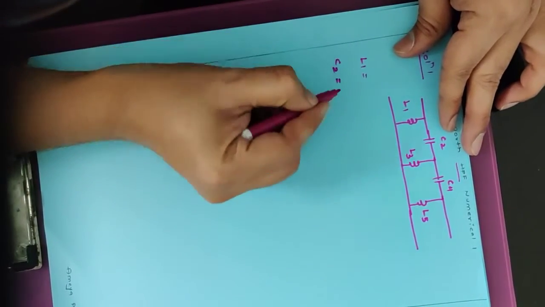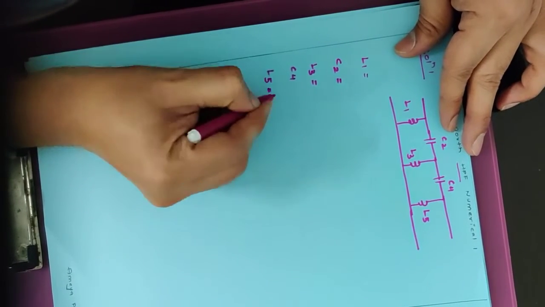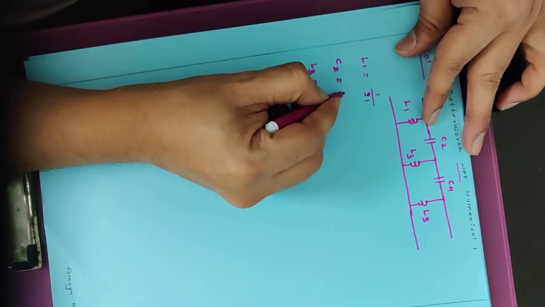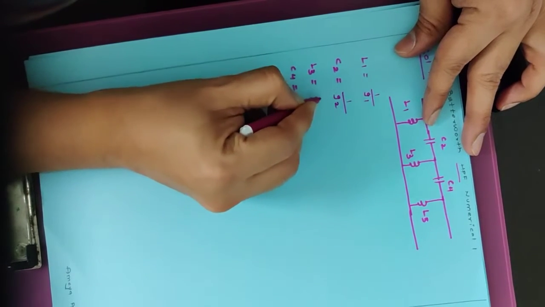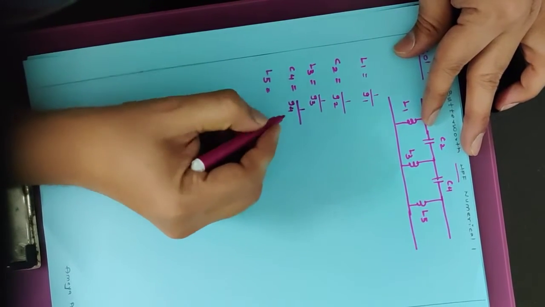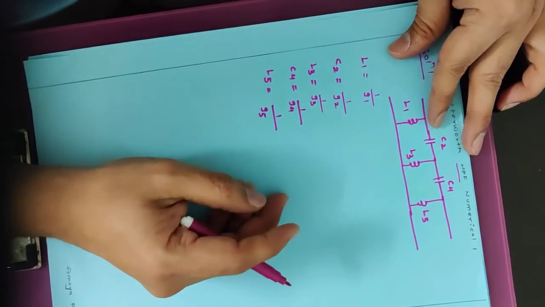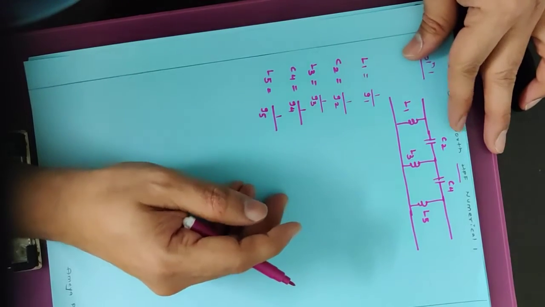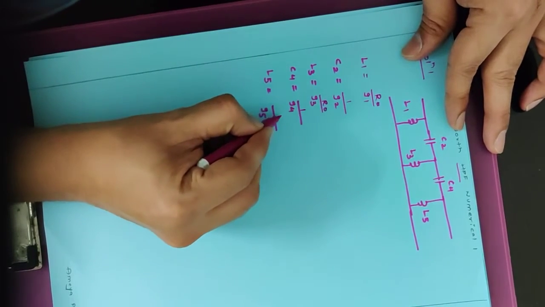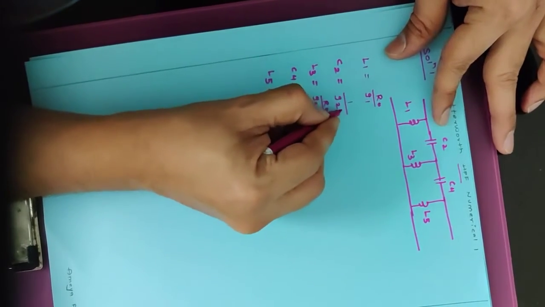So L1 will be inversely proportional to G1, C2 will be inversely proportional to G2, L3 will be inversely proportional to G3, C4 will be inversely proportional to G4 and L5 will be inversely proportional to G5. Now we have to apply the impedance scaling. So impedance scaling is applied like this. For inductor it will be multiplication by R0, and you know for capacitor it will be division by R0.